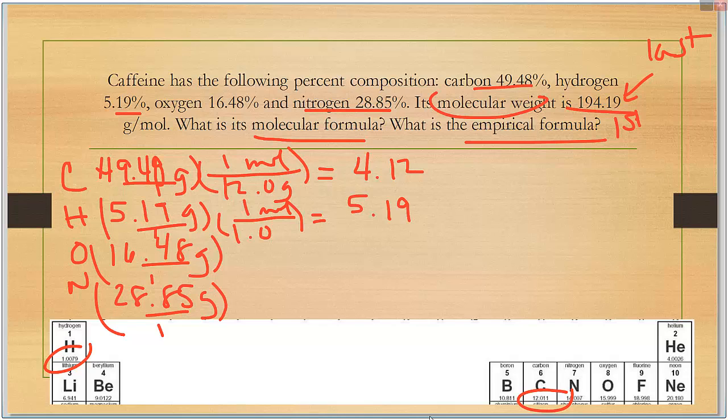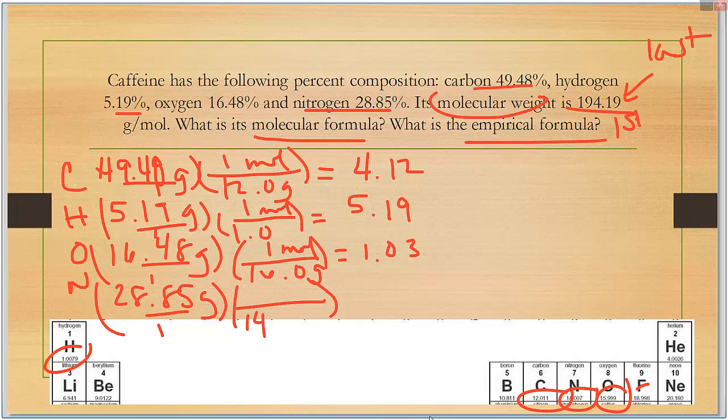Oxygen is 16.0. That comes out to be approximately 1.03. And then nitrogen is 14.0. And that comes out to be approximately 2.06.